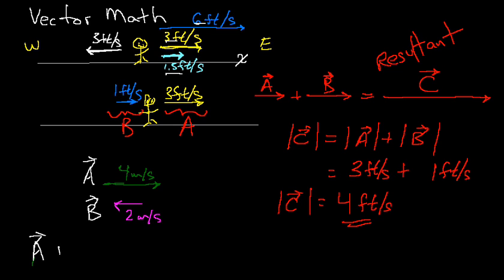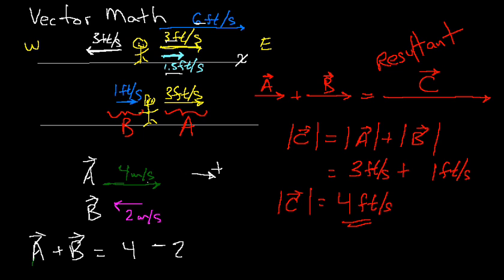Vector A plus vector B is simply going to be, if you assign that direction as positive, 4, and then minus 2, because 2 is going the opposite direction. If to the right is plus, then to the left has to be minus.